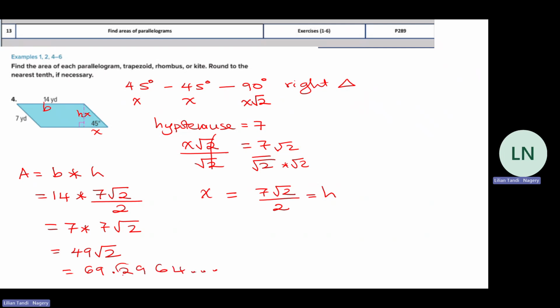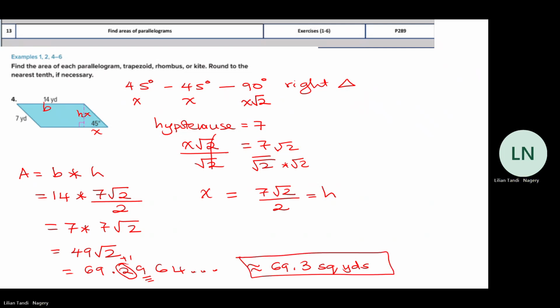So to the 10th, you circle the first digit after the decimal. You underline the digit after the circle. You ask yourself, the digit that you underline, is it 5 or more? If you say yes, you add 1 to your circle. Your new answer is 69 and 3/10, and the unit is square yards. And you box your answer.